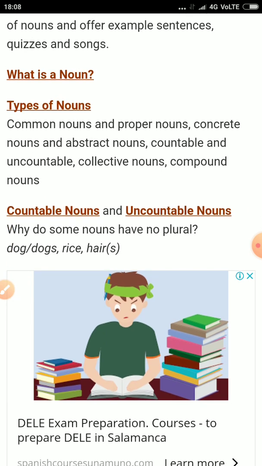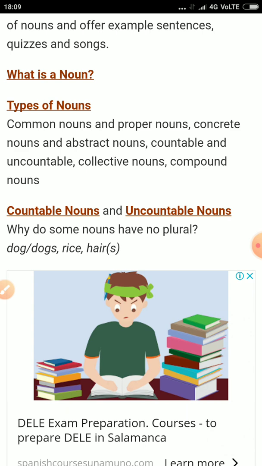What are countable and uncountable nouns? Very easy. A countable noun is a noun which you can count easily, like book, pen, boy, girl, or maybe boys, girls, books, pens, chairs, and many more objects you can count.